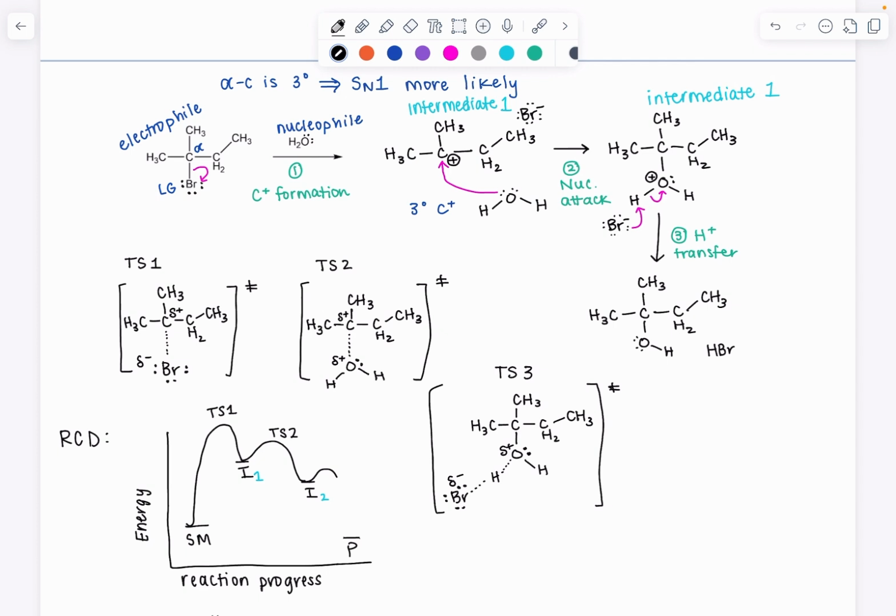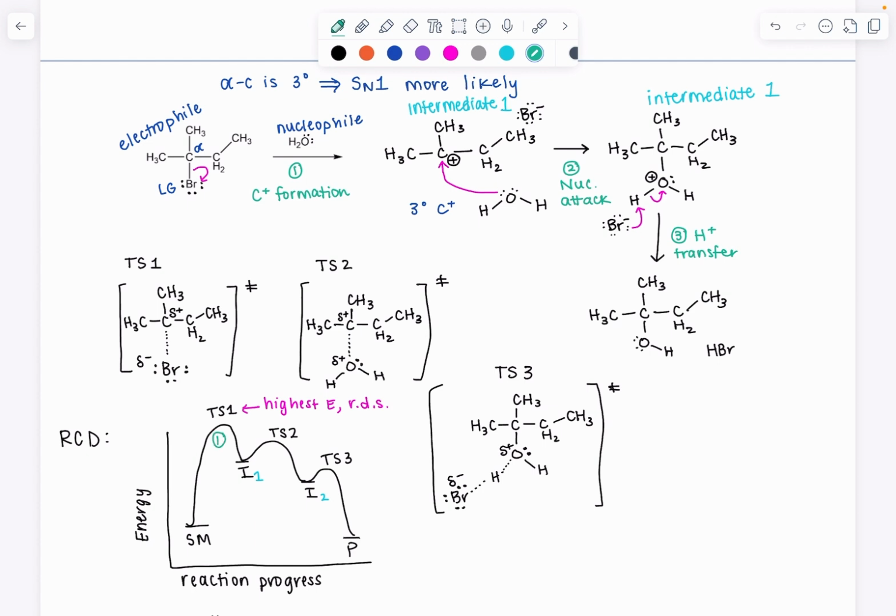And then a little bit of activation energy for that last step, which is TS3. It is important that this is highest energy. Let's see, I'll label in pink, because this is the rate determining step, RDS, rate determining step. So that will have the highest energy. This is step 1.